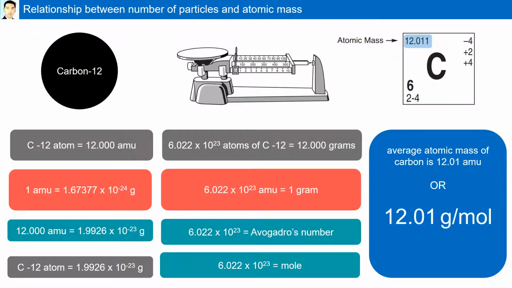We can relate the atomic mass to something tangible, grams, where 6.022 times 10 to the 23rd atoms of carbon has a mass of 12.01 grams. So, if we were to count 6.022 times 10 to the 23rd atoms, they would have a mass of 12.01 grams. We should work some examples to clarify this further.